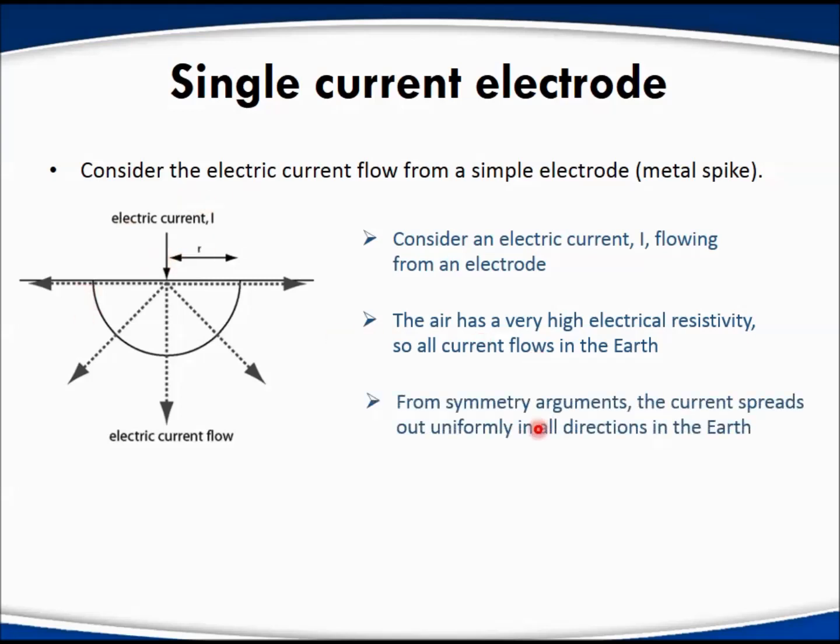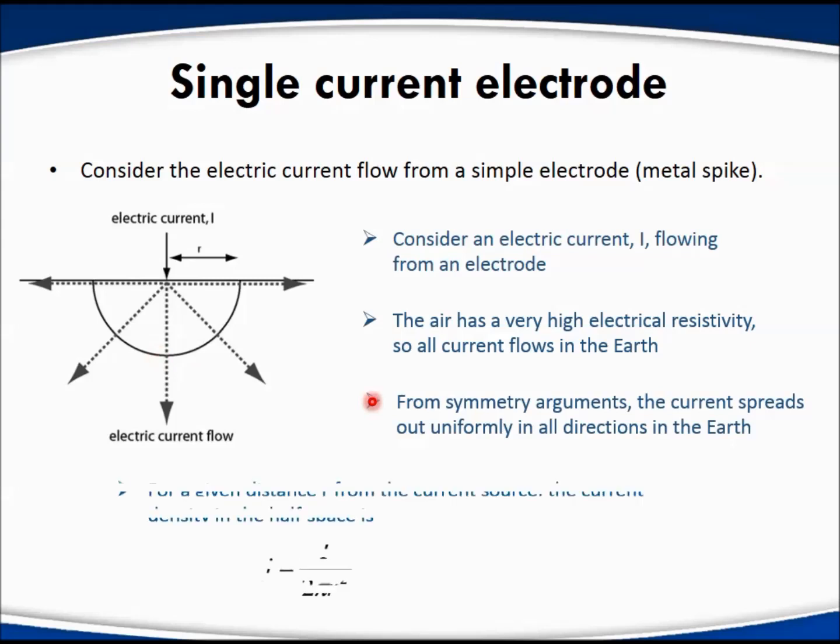Hence, from a symmetry argument, the current spreads out uniformly in all directions in the earth. So the current distribution is uniform over hemispherical shells centered at the source in the earth. There is no electrical current moving upward, because the air has very high electrical resistivity, so all will go downward into the earth.